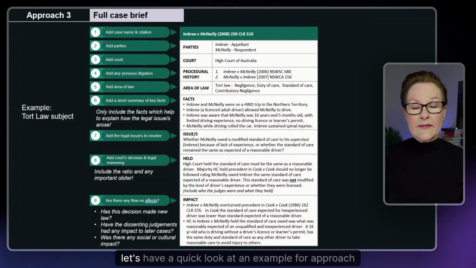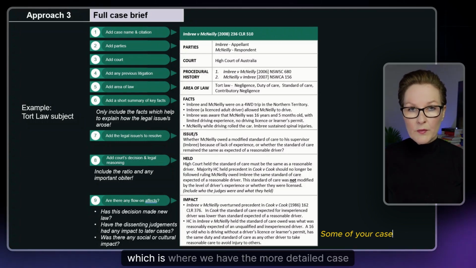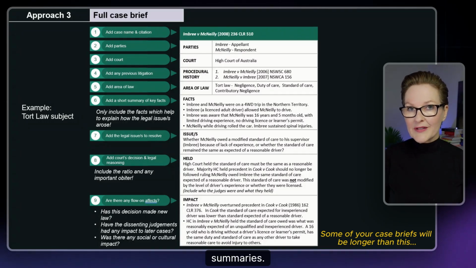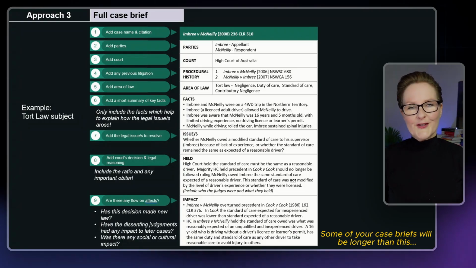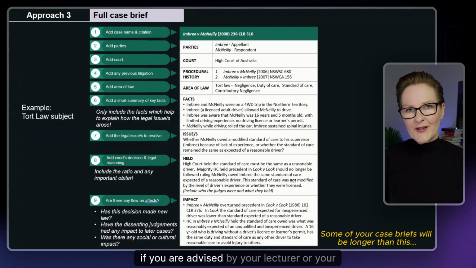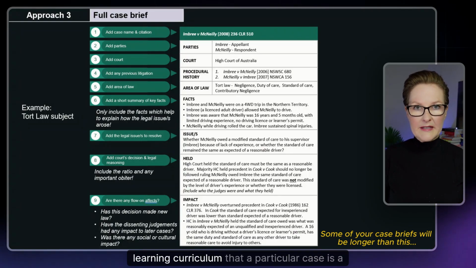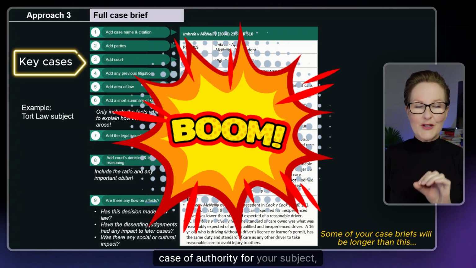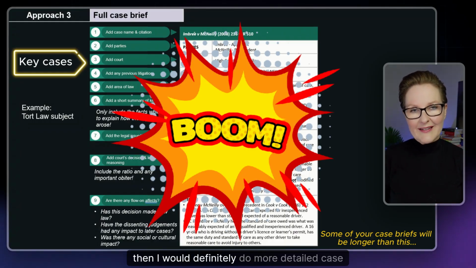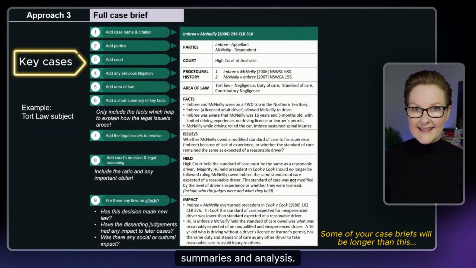And finally, let's have a quick look at an example for approach number 3, which is where we have the more detailed case summaries. So when would I suggest you need to do this? Well, first of all, if you are advised by your lecturer or your learning curriculum that a particular case is a core foundational case of authority for your subject, then I would definitely do more detailed case summaries and analysis.